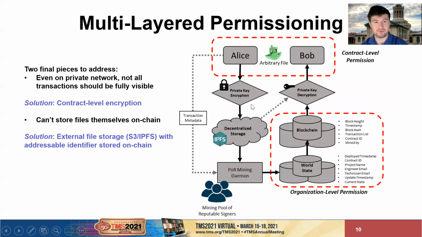And so you'll encrypt the file to just Alice and Bob, upload that to your preferred file storage, and that spits out a URL or an addressable key that is what's actually stored on the blockchain. So this allows us to represent all this data and keep the blockchain running with all the key cryptographic benefits without any of these security concerns.